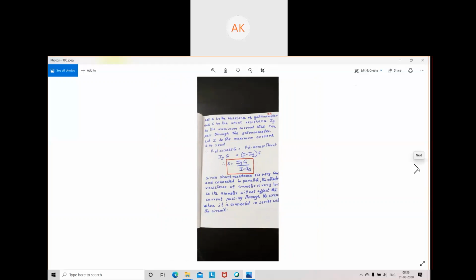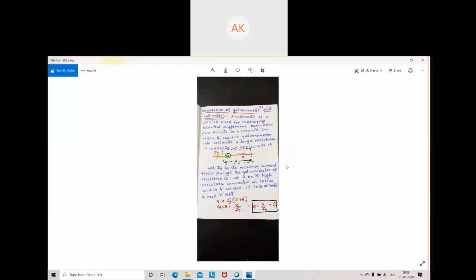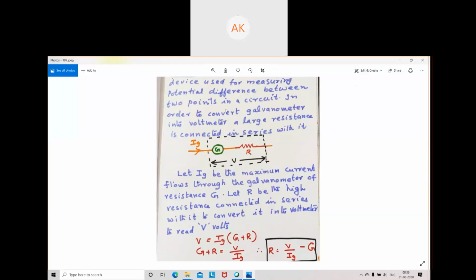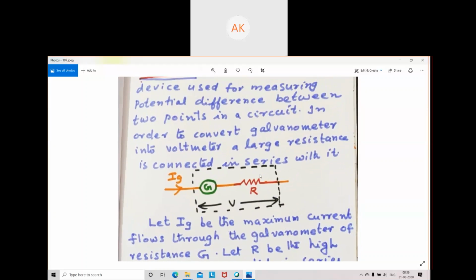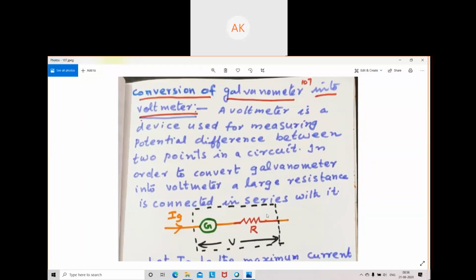Next is conversion of galvanometer into a voltmeter. A voltmeter, everybody knows that. What is a voltmeter? It is a device used to measure potential difference between 2 points in the circuit. In order to convert galvanometer into a voltmeter, what is done?